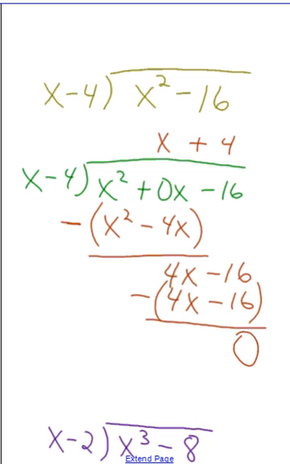Wouldn't it be negative 4x? No, because when we subtract, I want to know what times x equals 4x, so it's positive 4, right? When I subtract everything, it'll get zeroed out. So circle that, that's your quotient, right? Okay. All right.